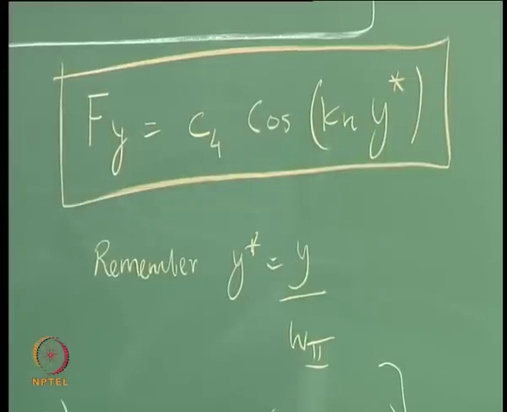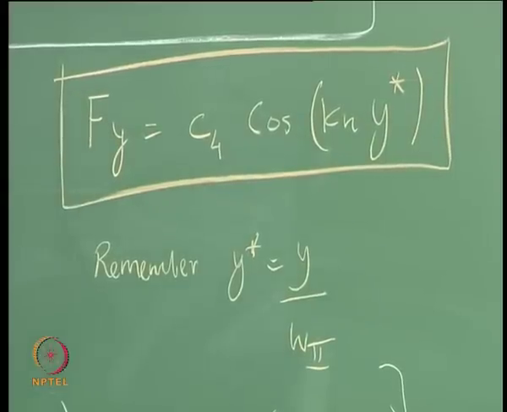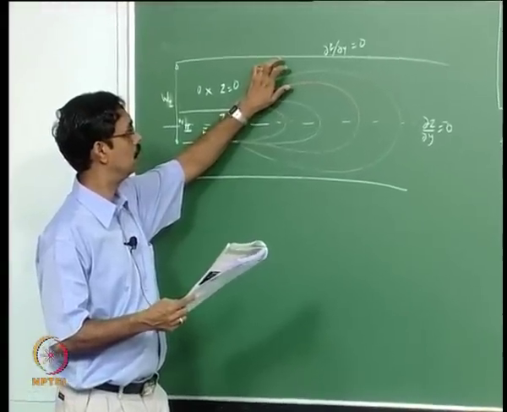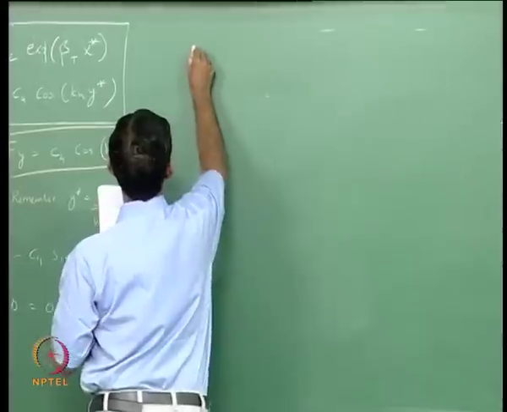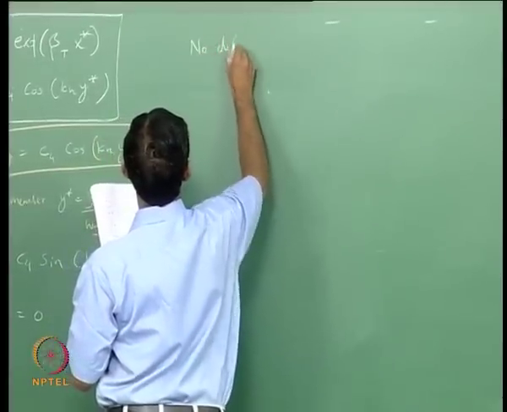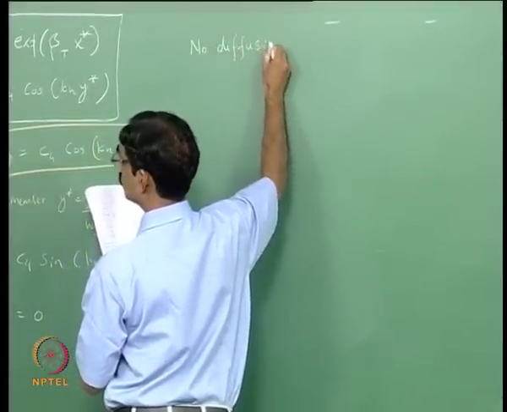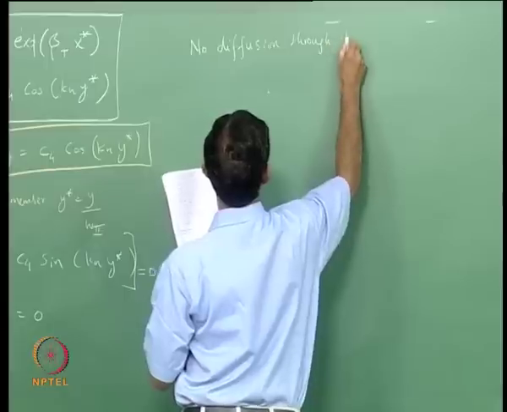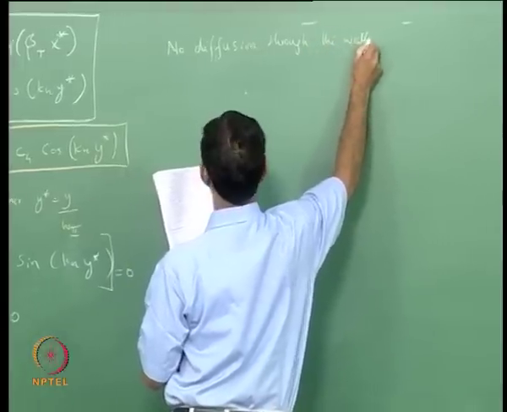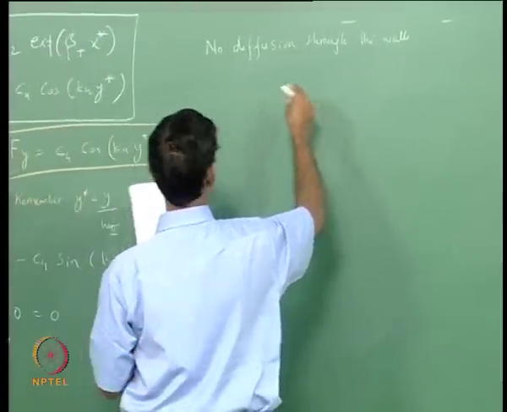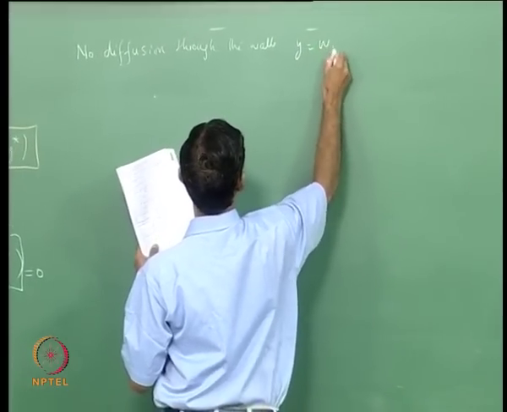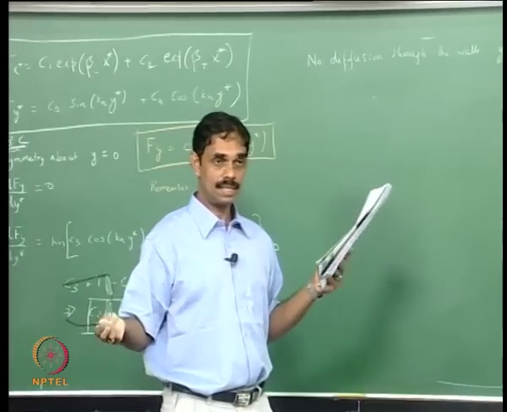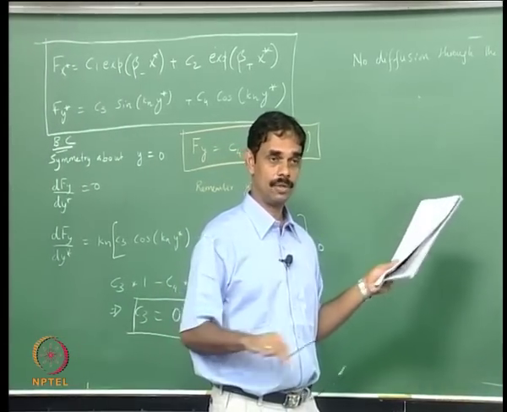The next boundary condition is this is the wall, there should not be any diffusion through the wall. So dz over dy should be 0 here. Once we enforce y equal to W1, y equal to minus W1 will automatically be enforced because we already enforced the symmetry.